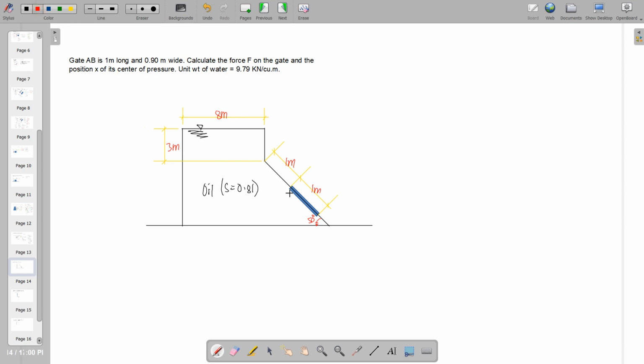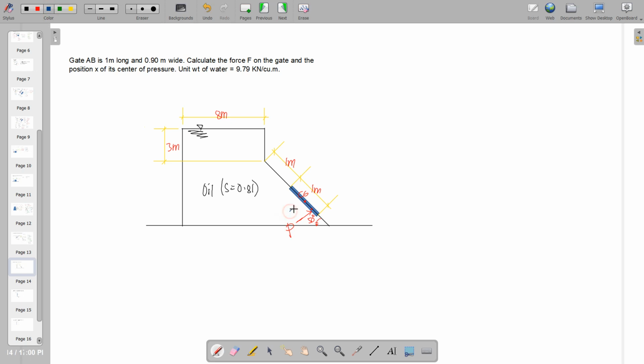So therefore we can now proceed with our solution. As usual, we label this as the center of gravity, and below that will be the center of pressure, wherein the hydrostatic force is concentrated.